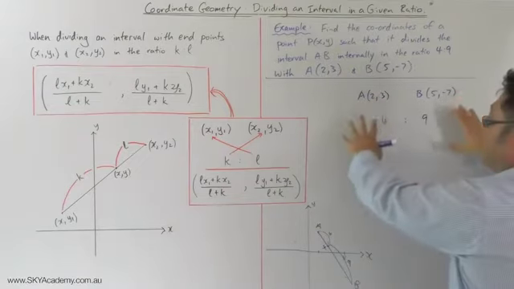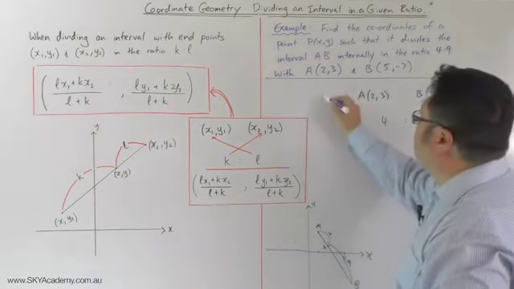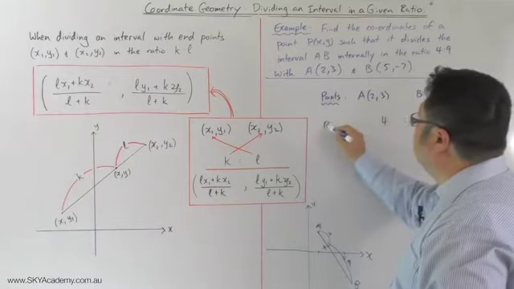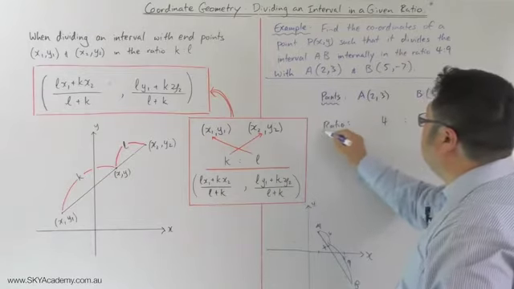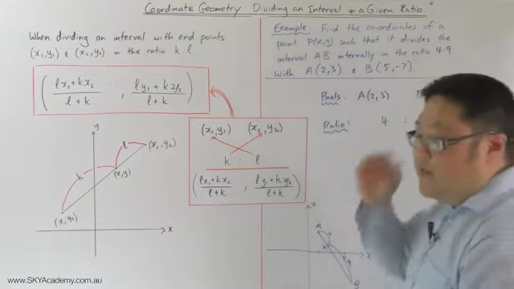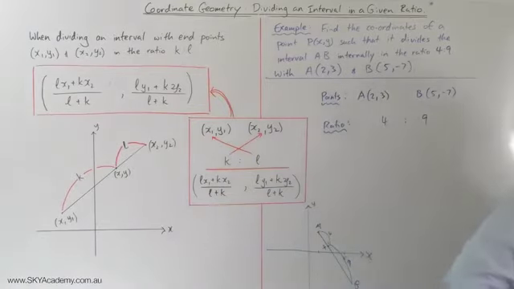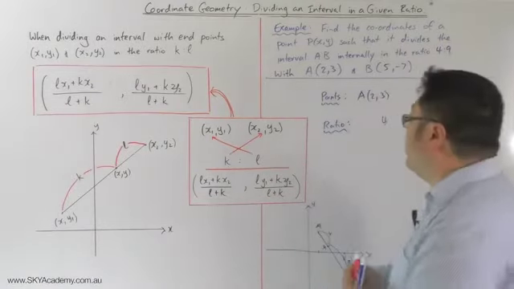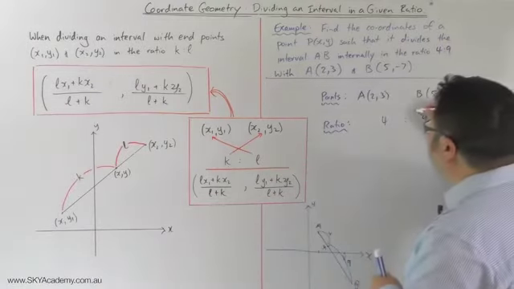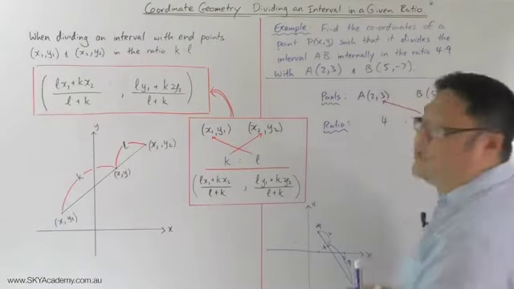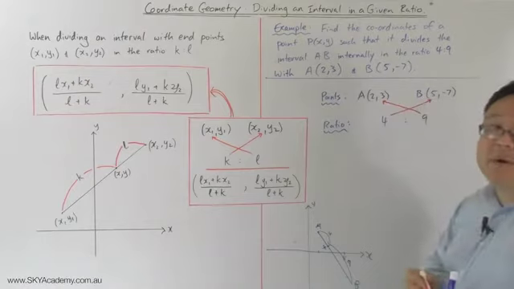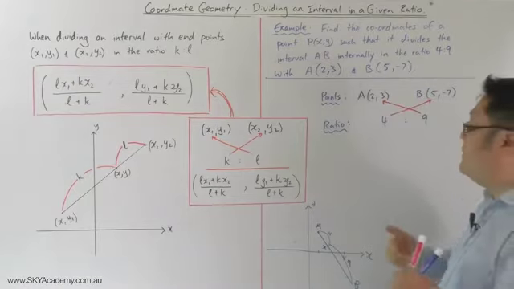Once you've put that on your page like this, points then ratio, what you do is 9 times 2 and 9 times 3, 4 times 5 and 4 times -7.